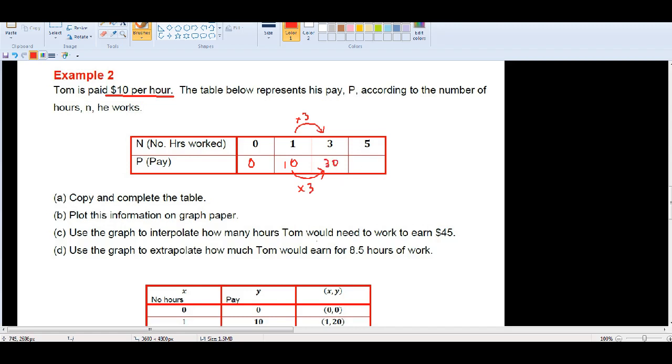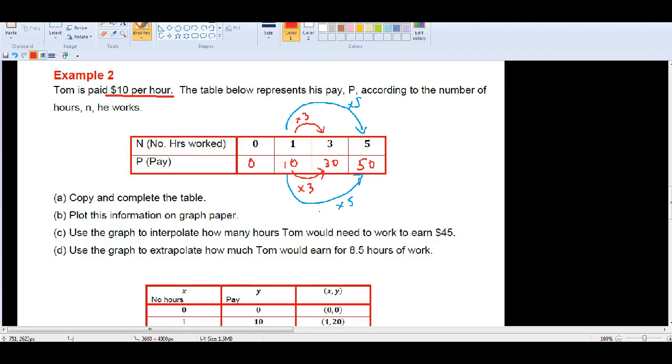So it should be $30. Okay, then you will consider from 1 to 5 is times 5, right? And on here it should be times 5 as well. So the pay should be 50.